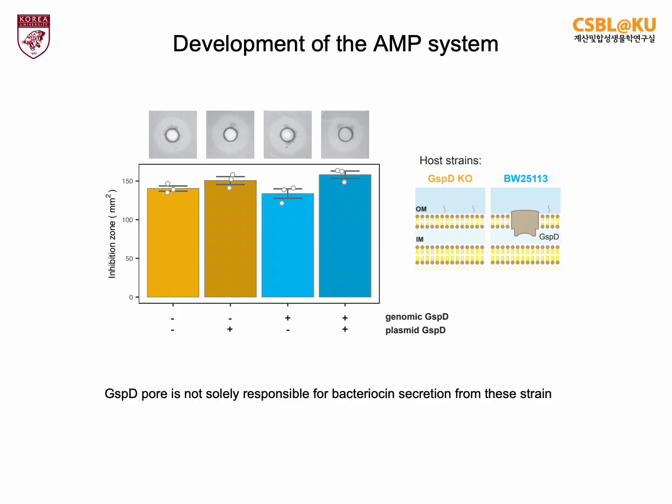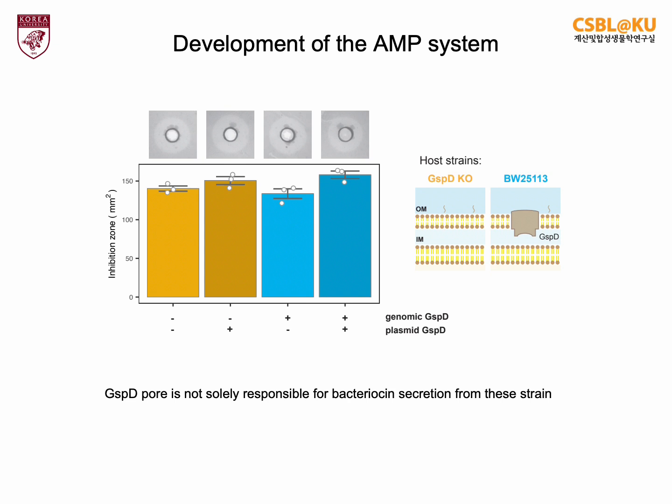These constructs were then screened in both the GspD knockout and the parent strain chassis. Even for strains with no GspD expression, inhibition zones were seen, suggesting that the GspD pore is not solely responsible for bacteriocin secretion from these strains.